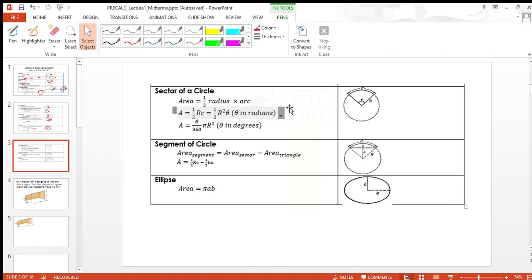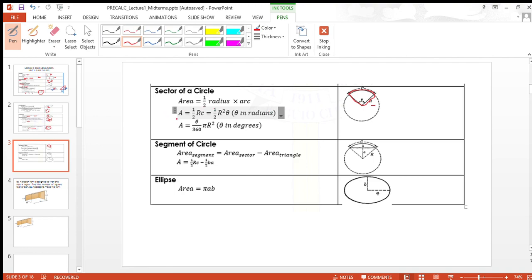And then we have the sector of a circle. A sector of a circle is like, if you imagine a pizza, one slice of a pizza is a sector. And here we have some things to consider. If we take this as the sector, we have here our angle theta, and then we have the radius r, and this we call the arc.